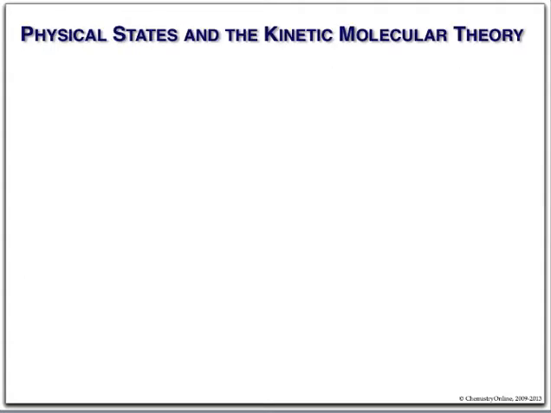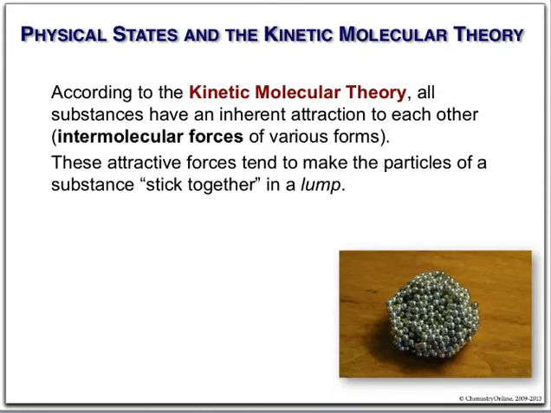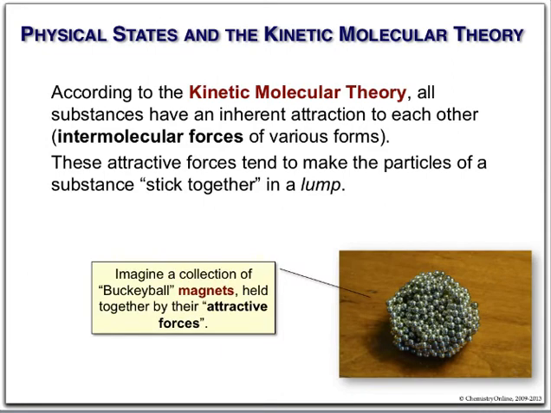Now these states can be defined by what we call the kinetic molecular theory. In the kinetic molecular theory, all particles are assumed to have intermolecular forces that attract them to each other. Imagine this little pile of magnets where magnetism is our intermolecular force, and they're stuck together in a lump.